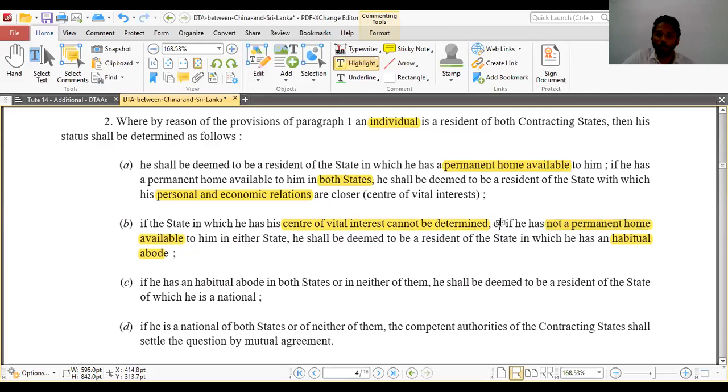Here the word is "or". Keep in mind. Then, in either state, what you need to do is go with habitual abode.